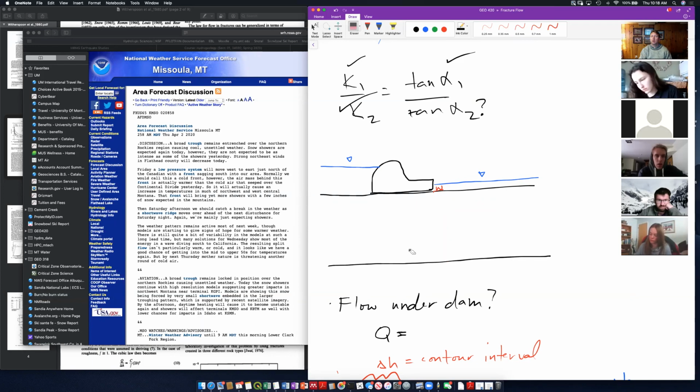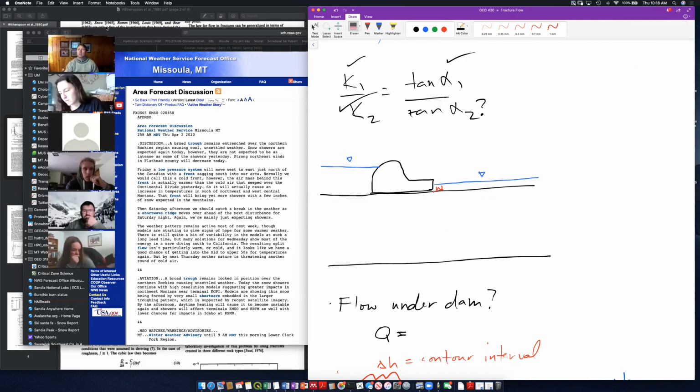Okay, so first of all, when I'm looking at a topo map, let's say here's a topo map of Ranger Peak.